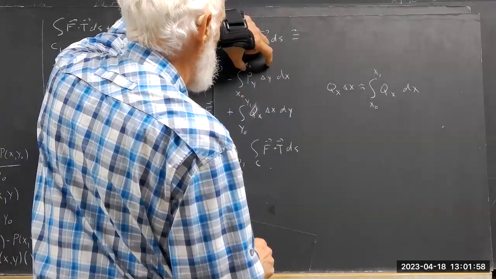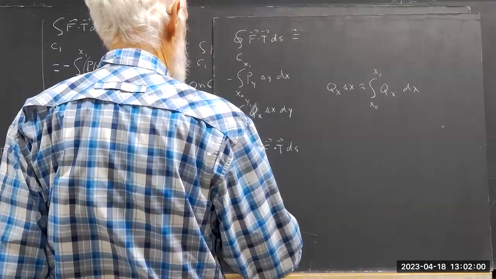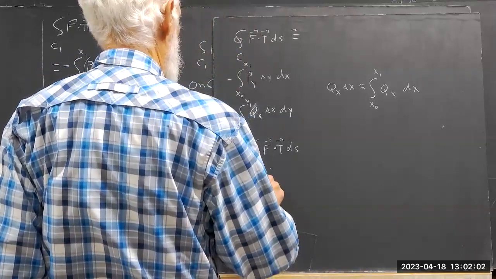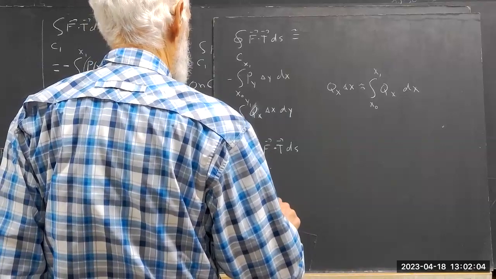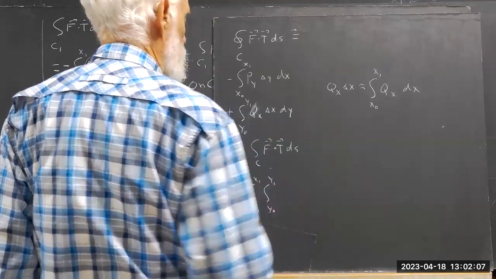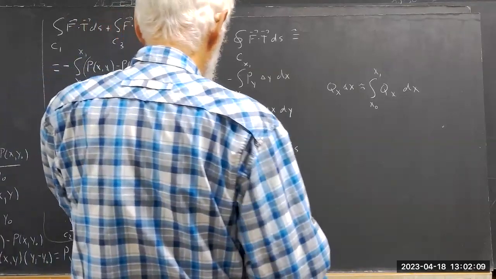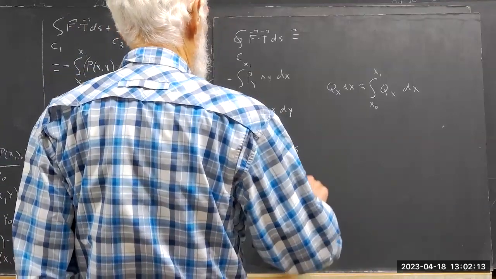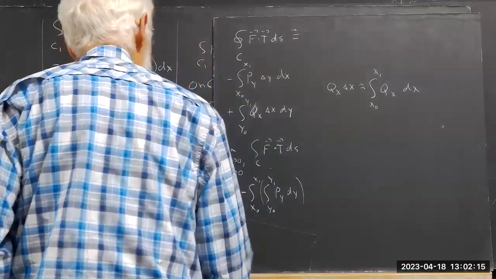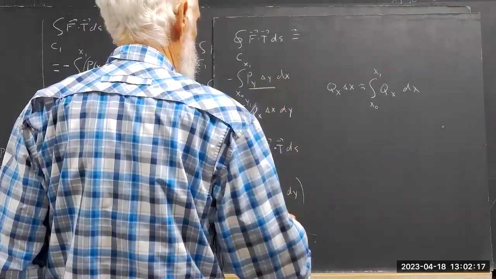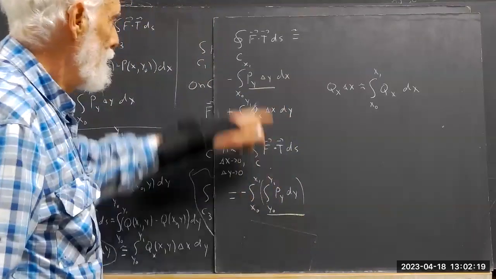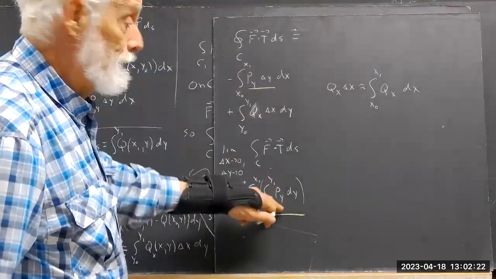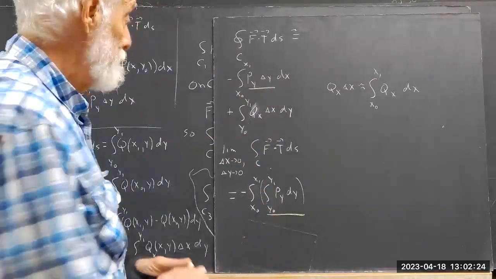Dy delta y gets replaced by the integral from y0 to y1 of dy. Just to make sure we see that, I'll underline this and say that in the limit, this gives you this.